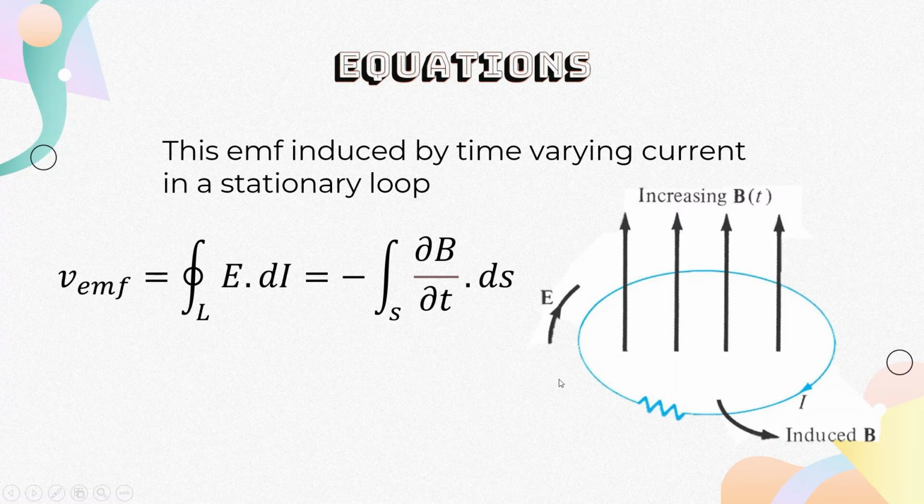As we can have a look here, we can increase the B of t, and this is our field, and at the same time the induced current. Just to make it a little bit clearer, this arrow, if you're talking in dimensions, is pointing down, not sideways, it's actually pointing down.